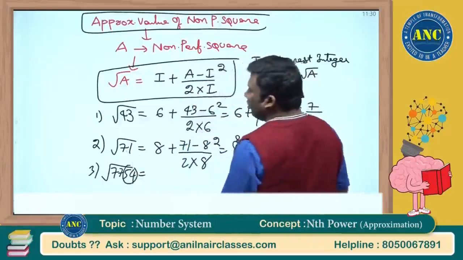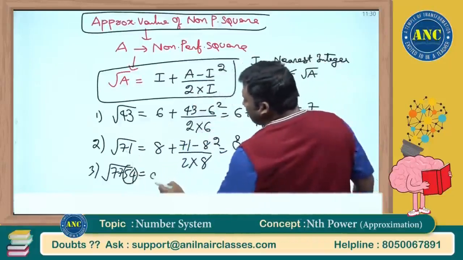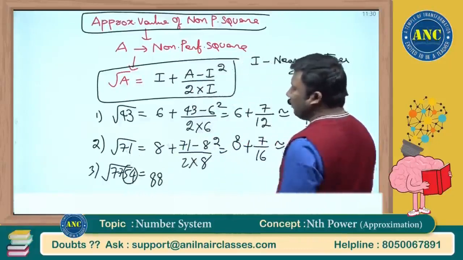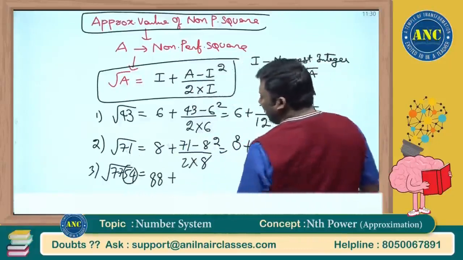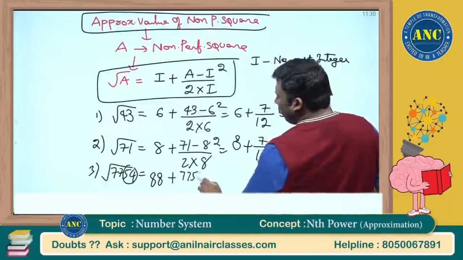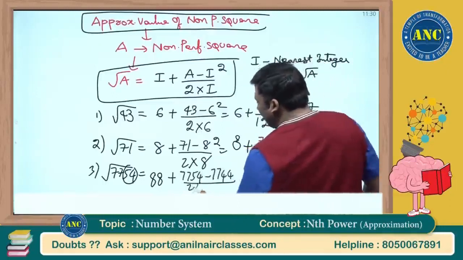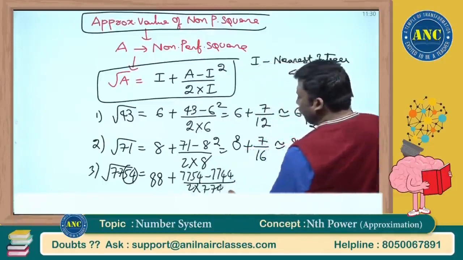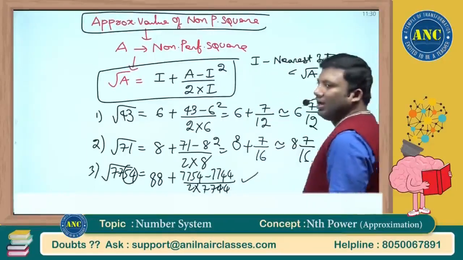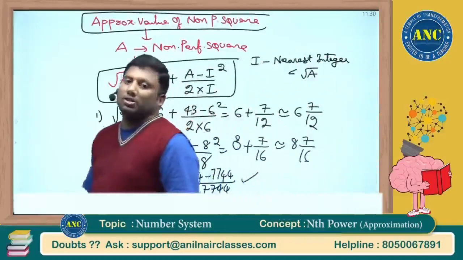It is 4 into 13 plus 2. 88 square is just less than 7754. So 88 plus 7754 minus 88 square, which is 7744, divided by 2 into 88. This will give you the 88 dot approximated value.